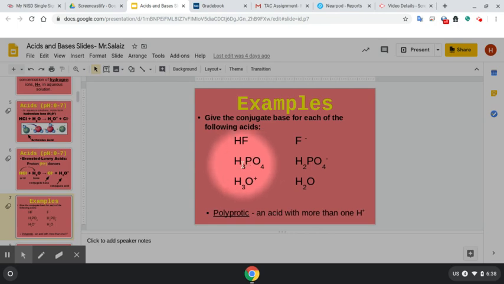We take one hydrogen away from it, and it's going to create its conjugate base, H2PO4. Same thing here. Here's the hydronium ion, H3O, but if we take a hydrogen away from this molecule, it creates its conjugate base, which is H2O. Polyprotic just means it's an acid with more than one hydrogen. That's all that means there.